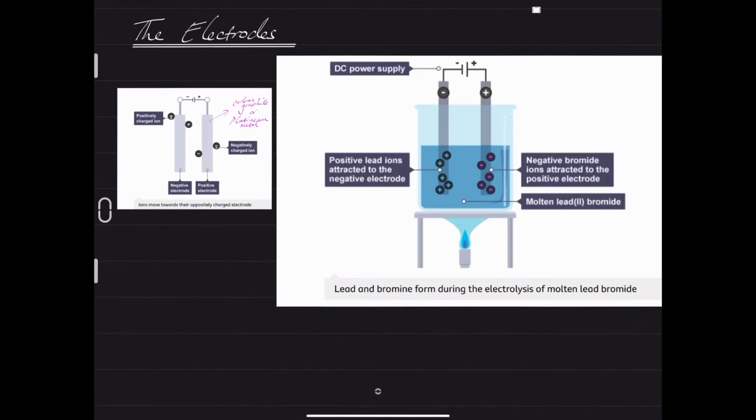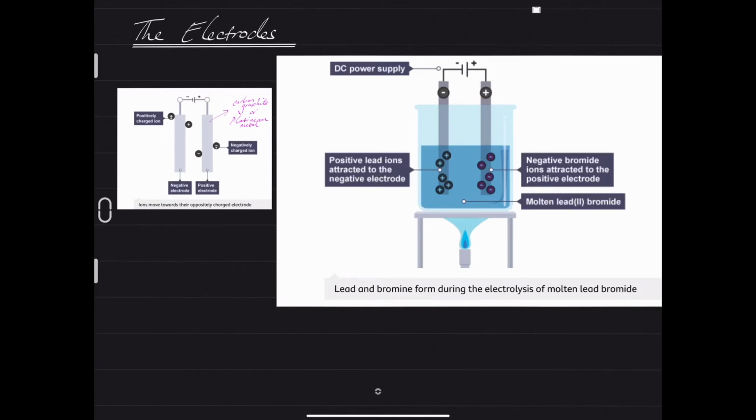And notice that the electrodes are attracting the ions of lead and bromine. We're going to talk about the positive ions, how they're attracted to the negative electrode, and the negative ions are attracted to the positive electrode.